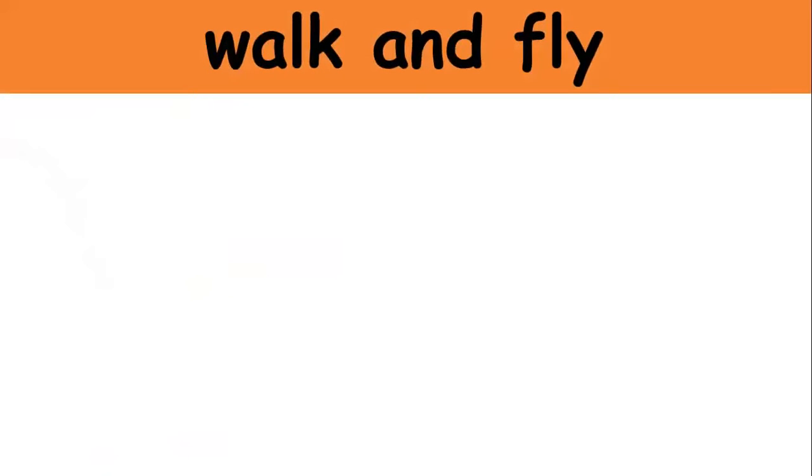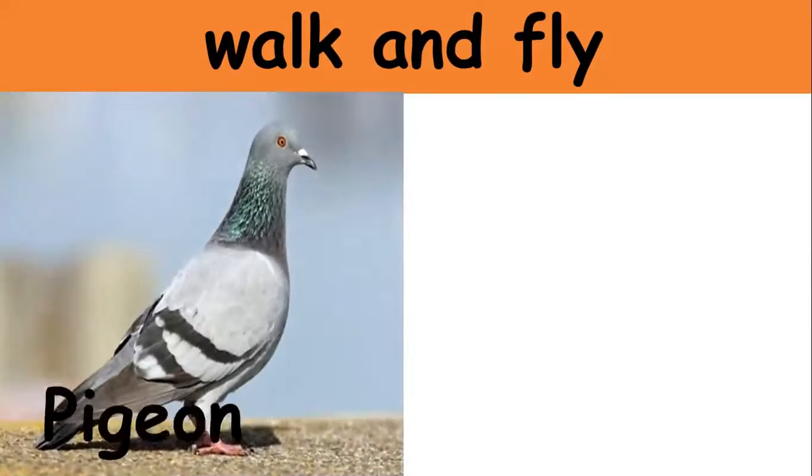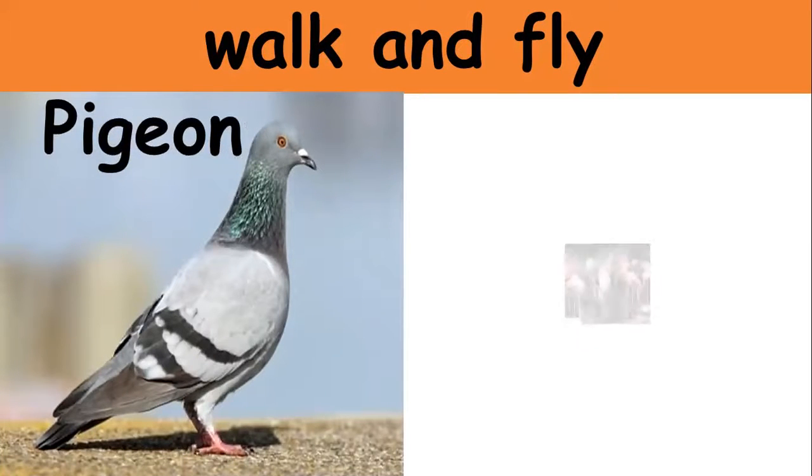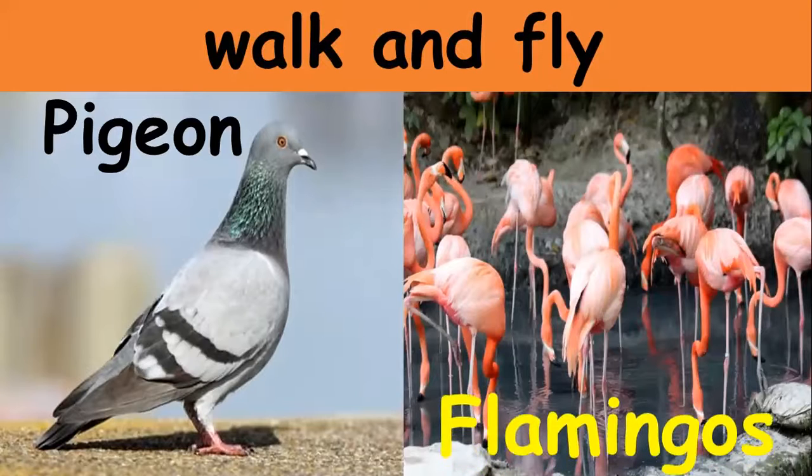Animals who can walk and fly, and that is the pigeon, or what we call the flamingos. They're able to walk and fly because of their legs and their wings.